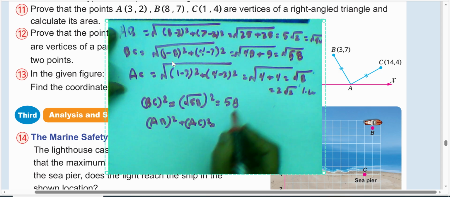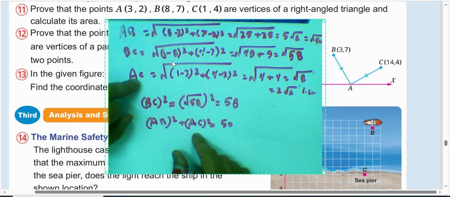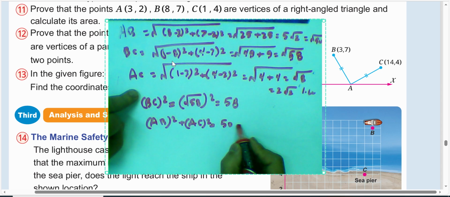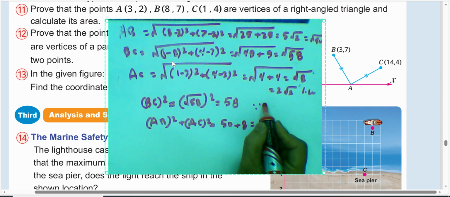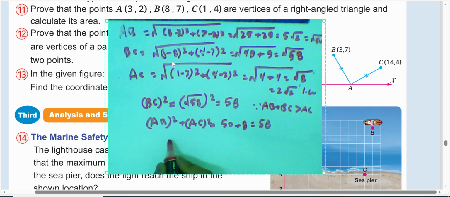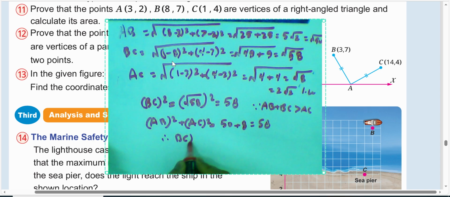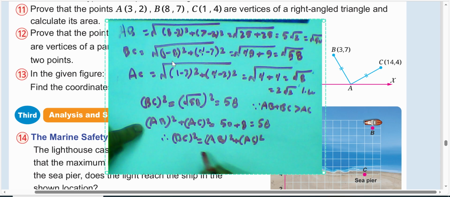AB power 2 equals square root of 50 power 2, it will be 50, and AC was square root of 8 power 2, it will be 8, equal 58. And then BC power 2 is equivalent to AB power 2 plus AC power 2.